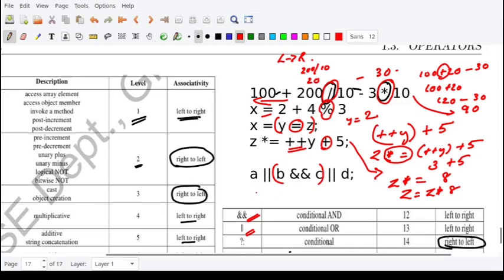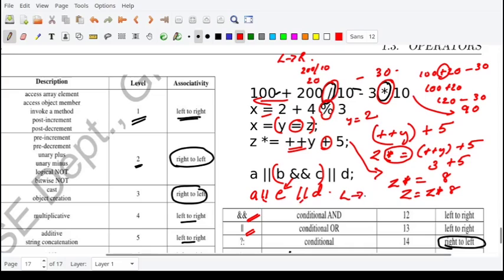Then what will you do? You have A or B. Suppose B and C gives a result E. Okay. So B and C will be evaluated first and you get something E. It might either be 1 or 0. Then you get A or E or D. So OR has the same precedence, so you have to check the associativity.